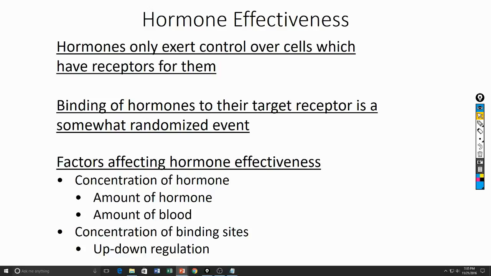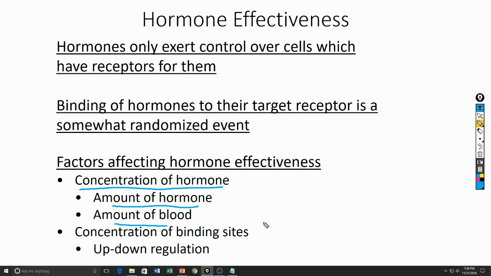So the things that affect the effectiveness of an endocrine hormone specifically would be these things down here. We have the concentration of hormone, and that's governed by the amount of hormone and the amount of blood. Because if you take a certain amount of hormone but you reduce the amount of plasma in the blood, then you just increase the concentration.